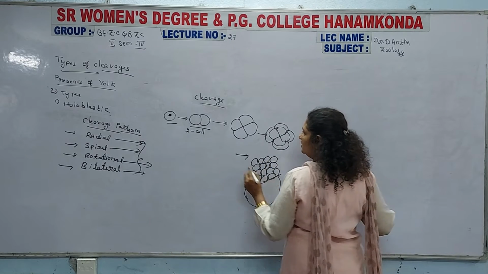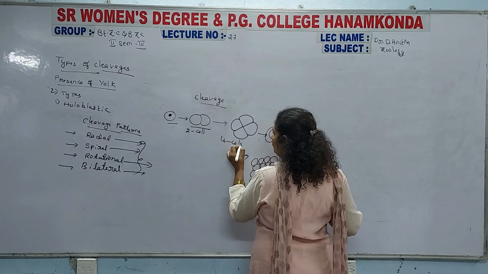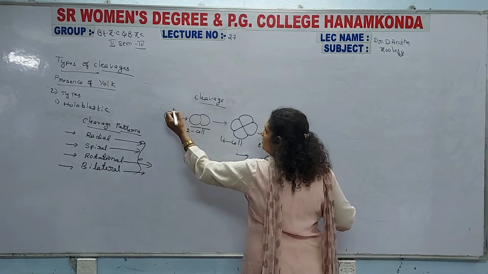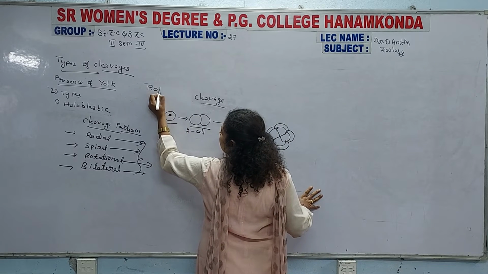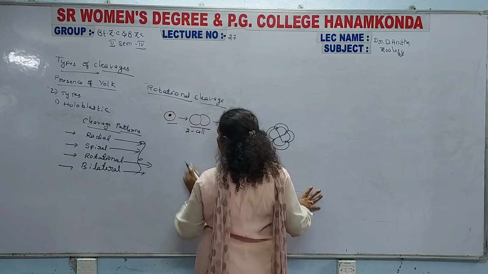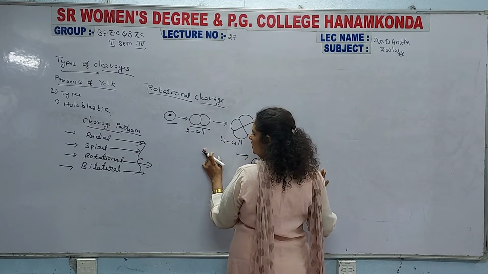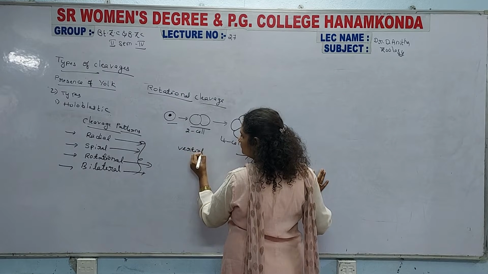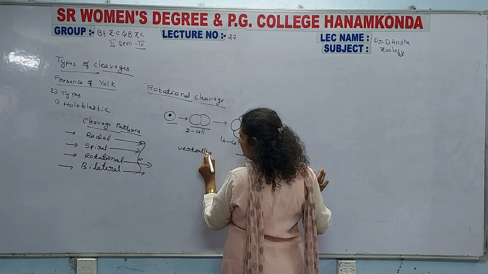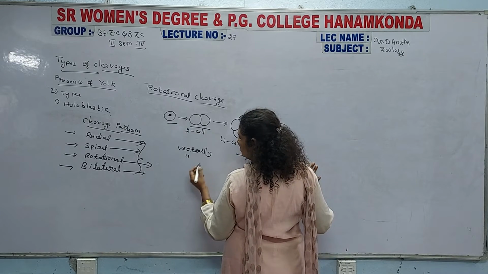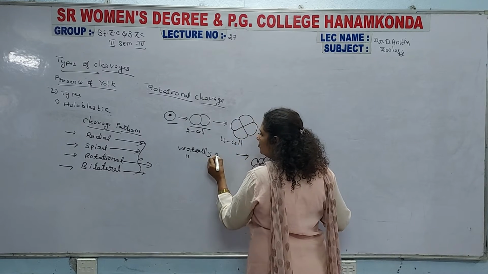See this, it is a 4 cell, 8 cell, and so it was a rotational cleavage. Rotational, the meaning is there, rotational. The first division occurred vertically, and the second division also occurred vertically, and the third time what happens is 2 vertical divisions.